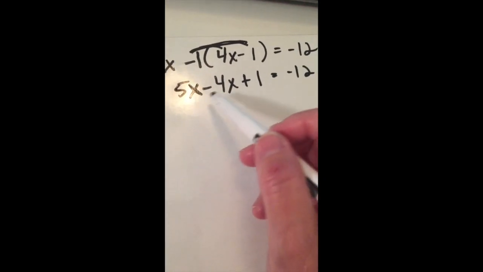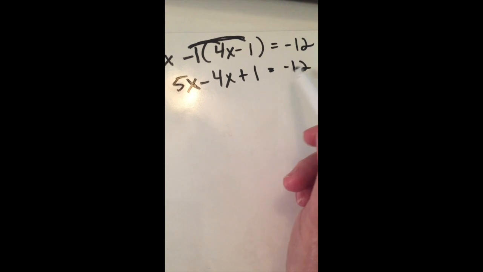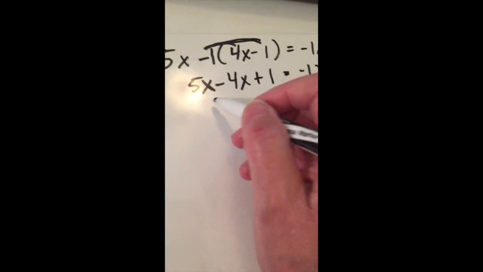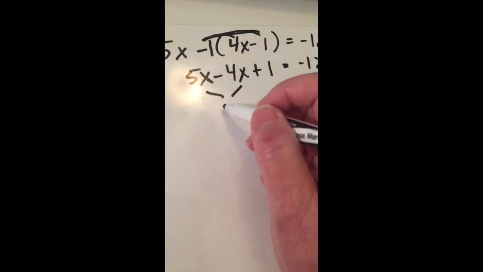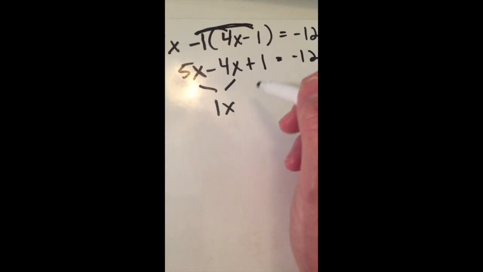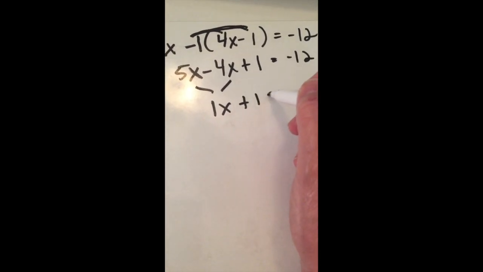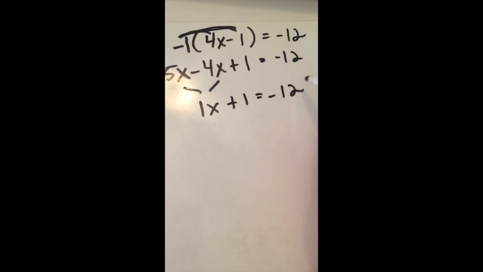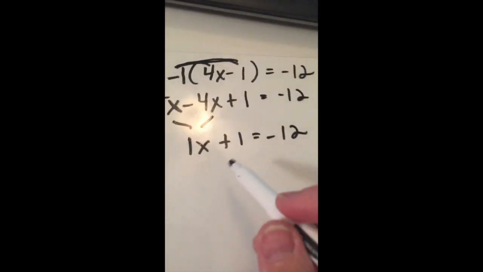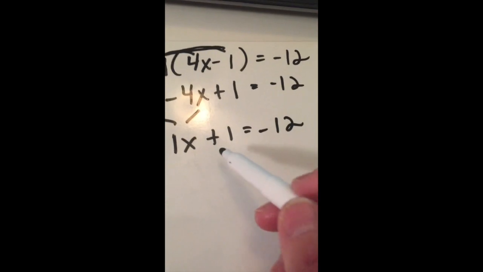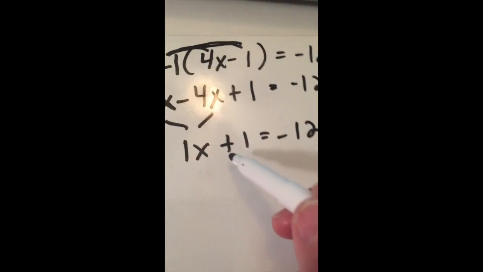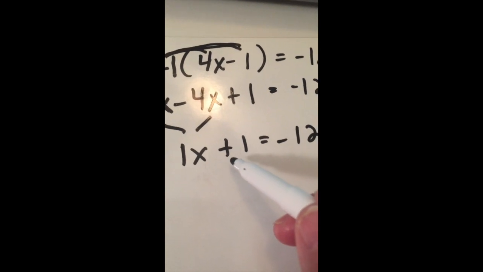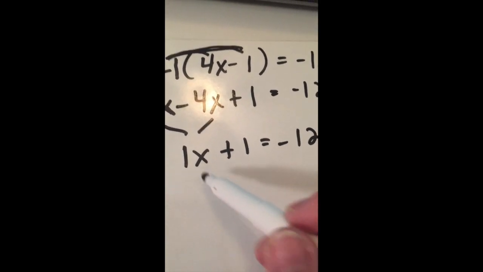Okay, so we have 5x minus 4x plus 1 equals negative 12. We're going to combine our like terms. 5x minus 4x gives us 1x. We're going to bring everything else down. Okay, now we have a two-step. So we're going to remember to undo addition and subtraction before you deal with the variable.